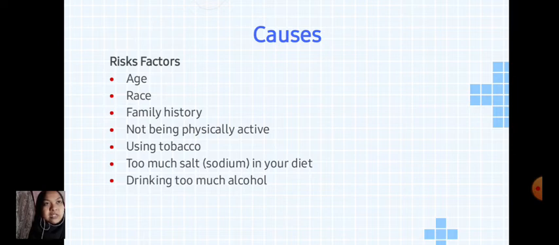For healthy adults, that means up to one drink a day for women and 2 drinks a day for men. One drink equals 12 ounces of beer, 5 ounces of wine, or 1.5 ounces of 80 proof liquor.